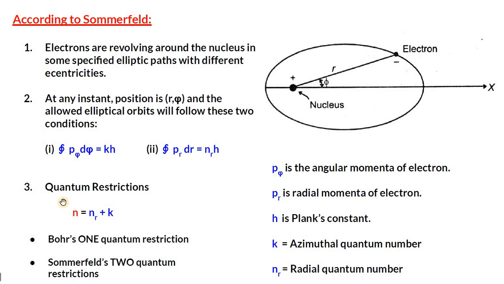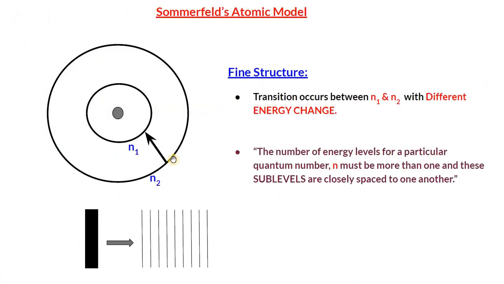So we have one quantum restriction over here. How are nr and k related to each other? N, the principal quantum number, will equal the radial quantum number plus the azimuthal quantum number. Try to remember, for a principal quantum number n equals 2, it will have two other levels, one azimuthal quantum number and one radial quantum number.